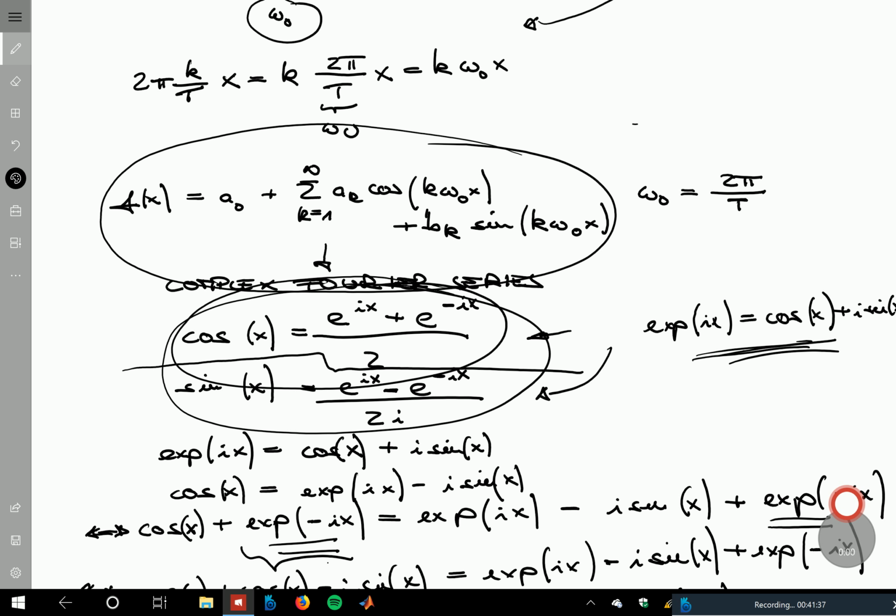The reason why I'm going into the details of this is because if you've never seen these details, the relationship between exponential and cosine and sine will always feel like magic. And now they shouldn't feel like magic anymore, because you know that this is just happening because the exponential, the sine and the cosine are defined in terms of these series.